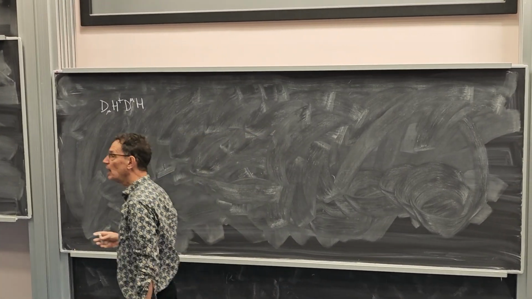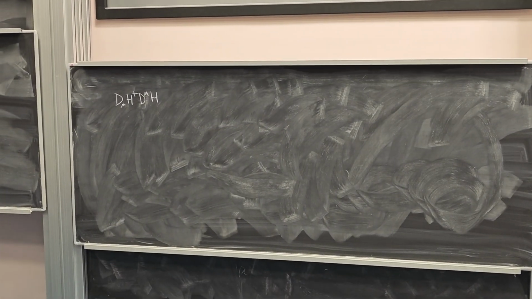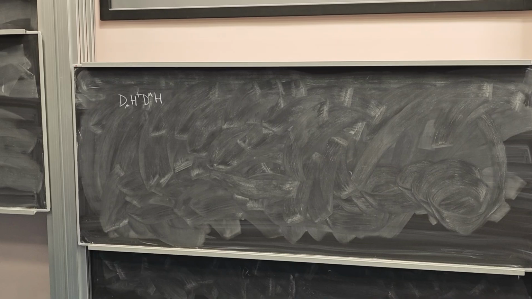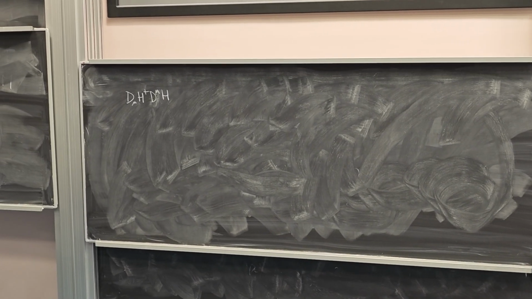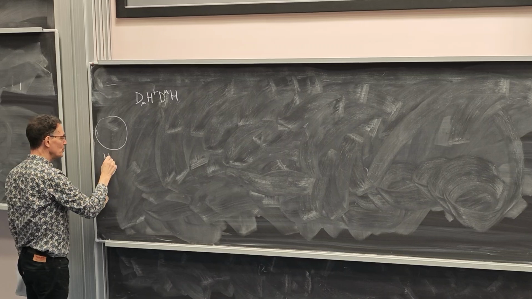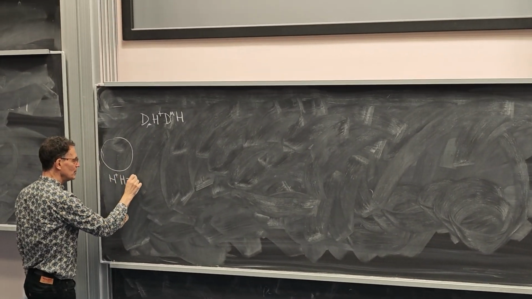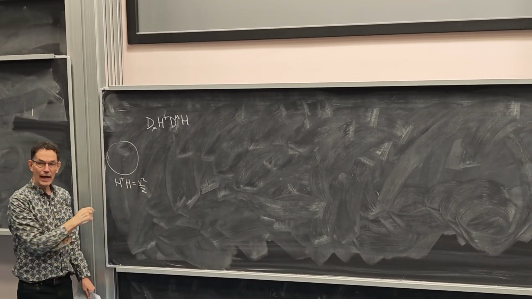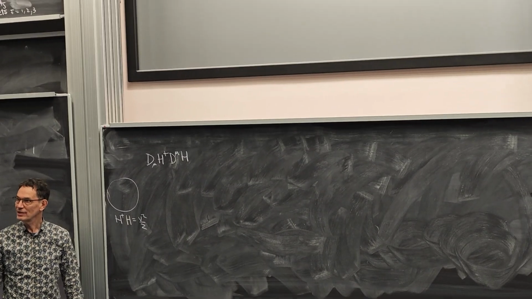And I'm going to cheat a little bit by ignoring all the fluctuations around the point on the vacuum. Okay, they're sort of obvious, right? So in this case, we've got a vacuum which is h dagger h equals v squared over 2. The h is a complex doublet.